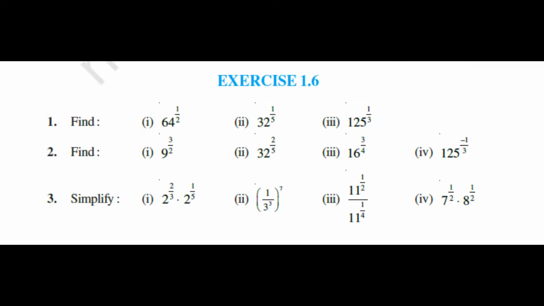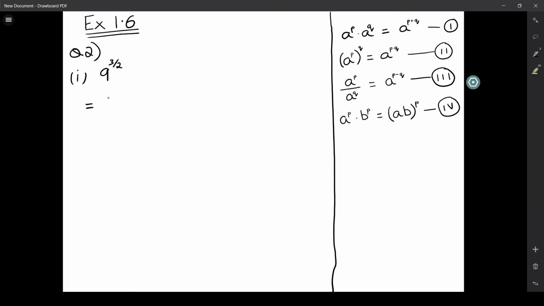We'll move to question number 2. The first part of question number 2 is asking us to solve for 9 to the power 3 by 2. Now we can write 9 as 3 square, and hence this becomes 3 square to the power 3 by 2.